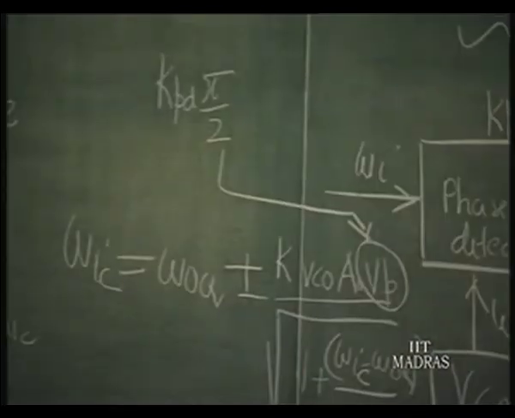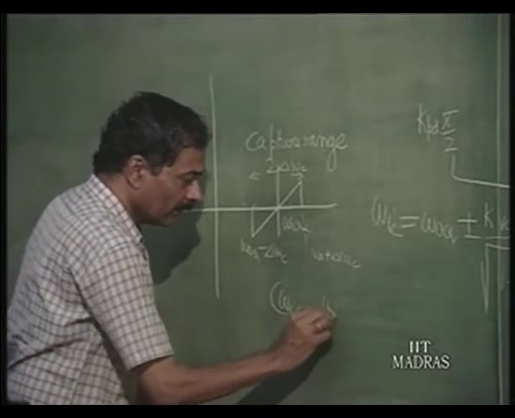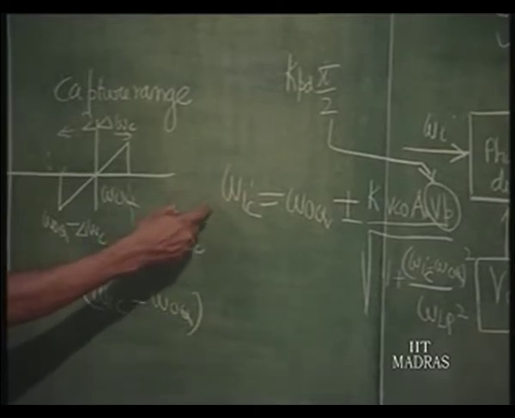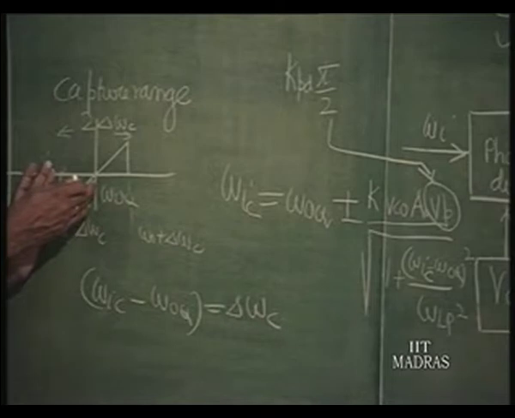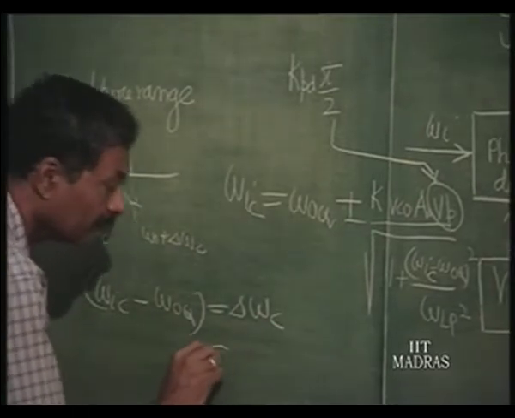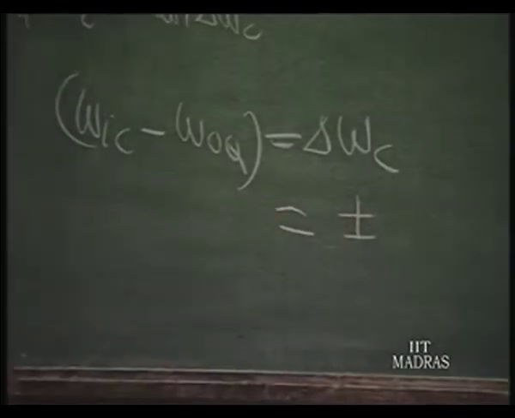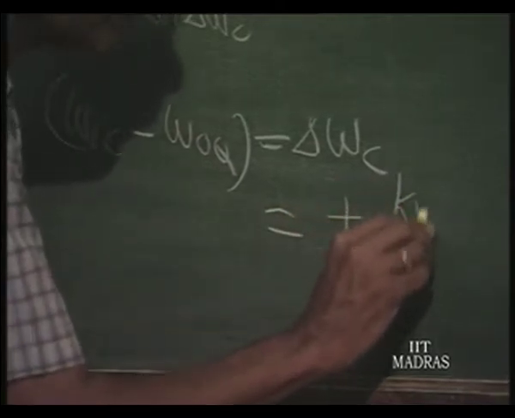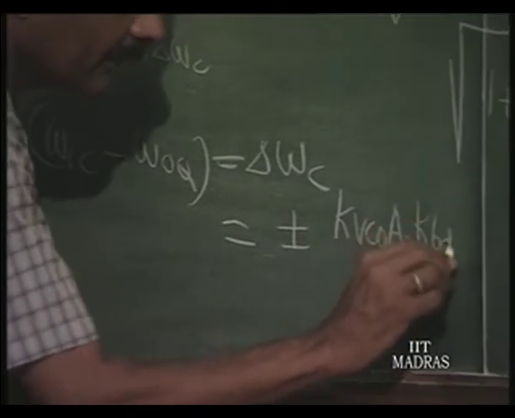So, let us write it down, omega Ic minus omega naught q, you take this side, which is called as delta omega c by us, is equal to plus or minus k VCO A naught Kpd into pi by 2.